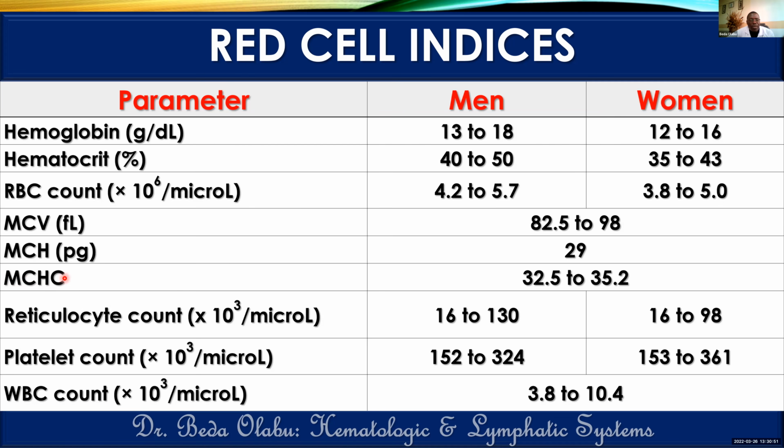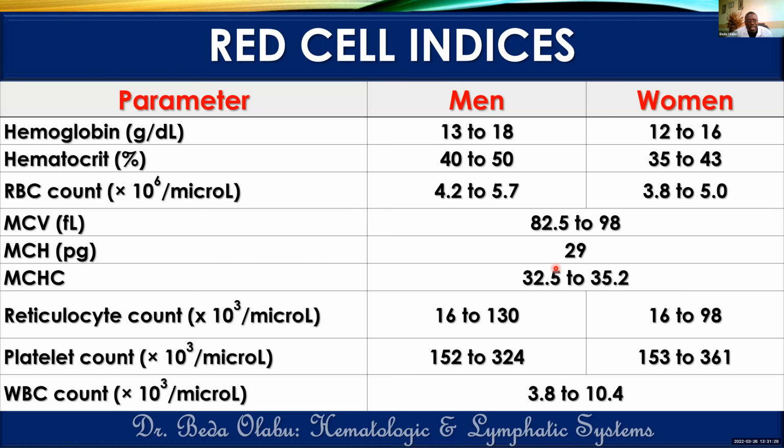Lastly, we look at MCHC, which stands for mean corpuscular hemoglobin concentration. This one tries to give us the picture of the distribution of that hemoglobin in that particular red blood cell, which means it takes care of the amount of hemoglobin and the size of the cell, so that we look at the concentration of the hemoglobin within that particular red blood cell.